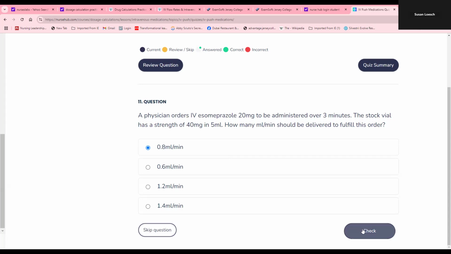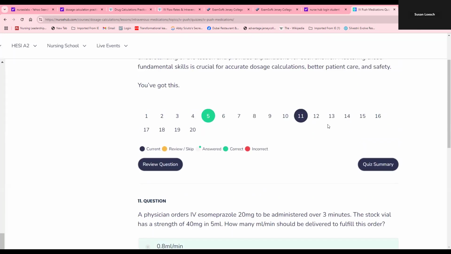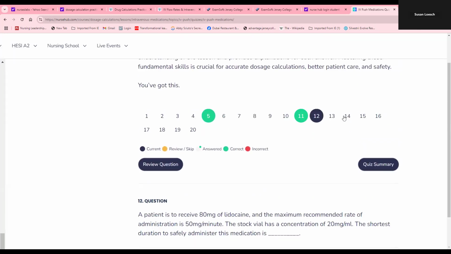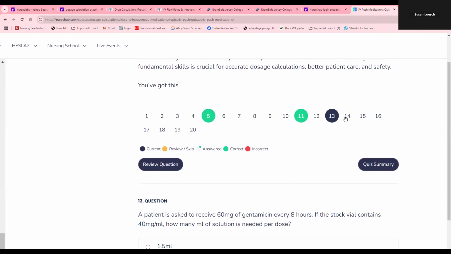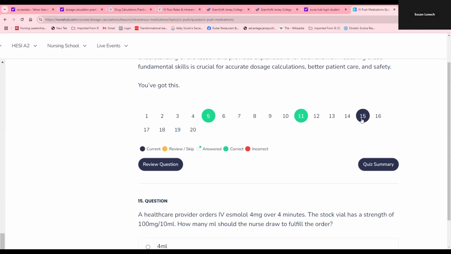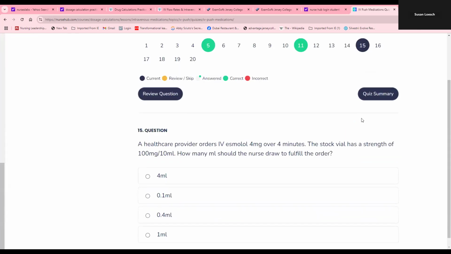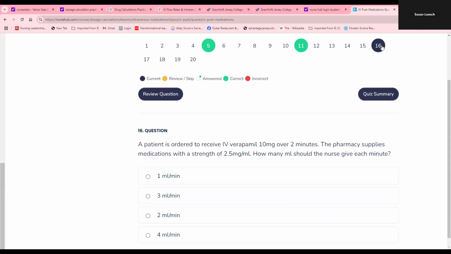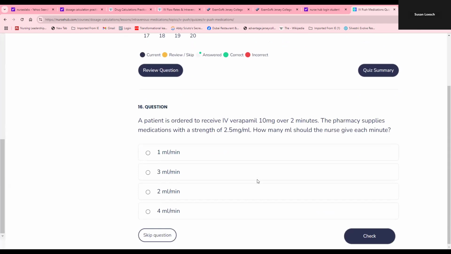Let's go to the next one. Okay, here's another one. Again, see if you can calculate how much over a minute, how much over 15 seconds, how much over 30 seconds.